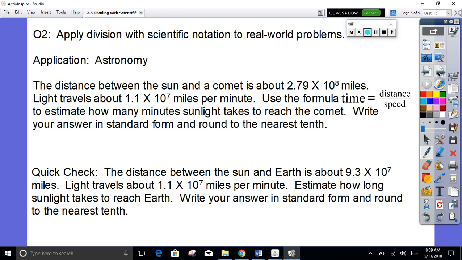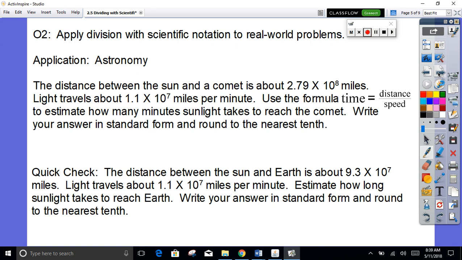Those numbers will have scientific notation with negative exponents. Our application says the distance between the sun and a comet is about 2.79 times 10 to the 8th miles. Light travels about 1.1 times 10 to the 7th miles per minute. Use the formula time equals distance divided by speed to estimate how many minutes sunlight takes to reach the comet.